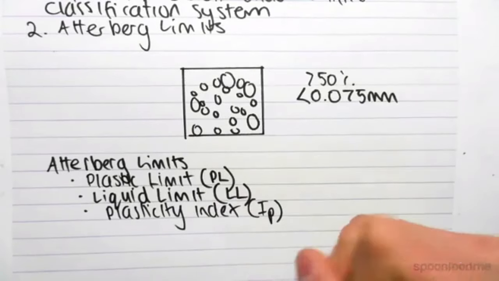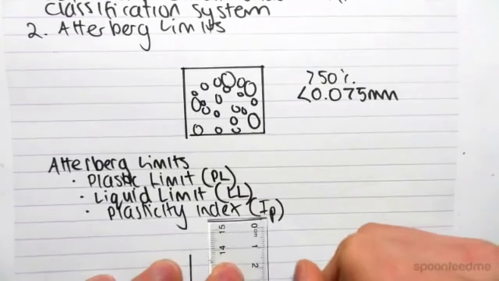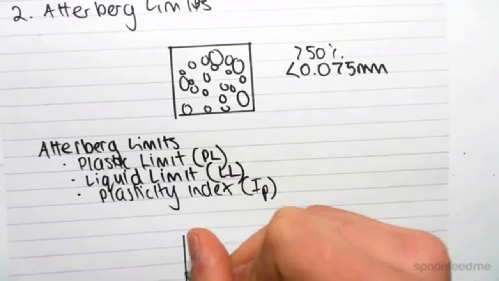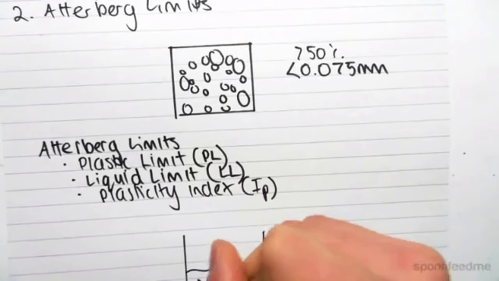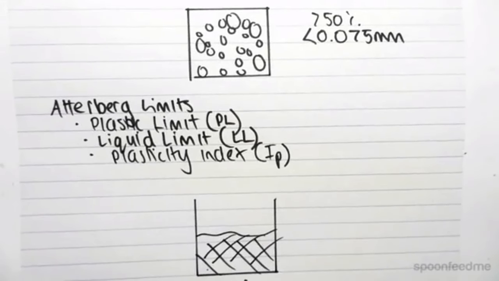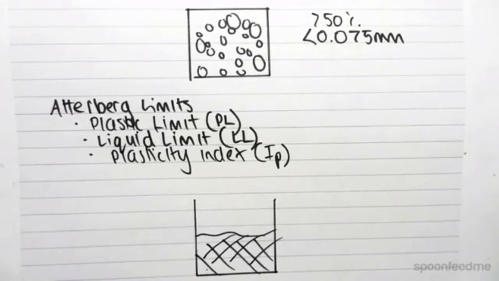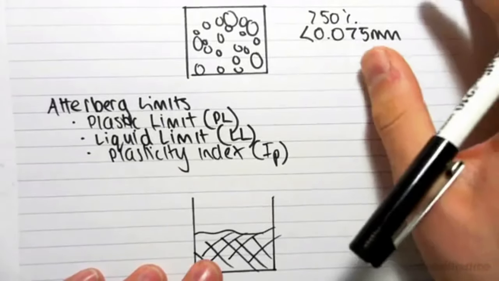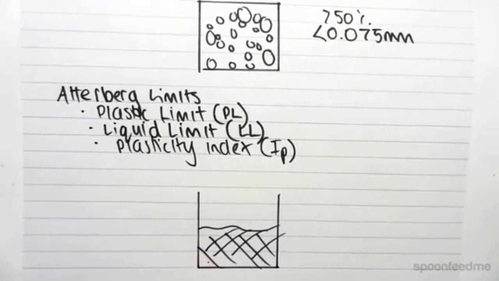So we have these two limits for such a soil. Let's just say we've got our normal fine soil here. So we have very, very small particle sizes, and because it behaves like a foam, it exhibits properties of cohesiveness and plasticity. So it can hold itself together, and it can also take the form of the container you put it in.